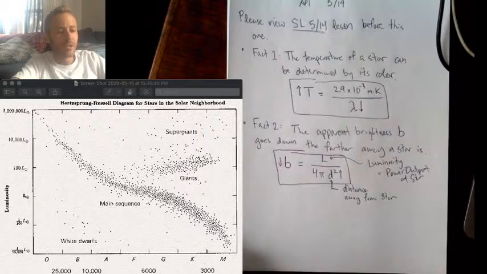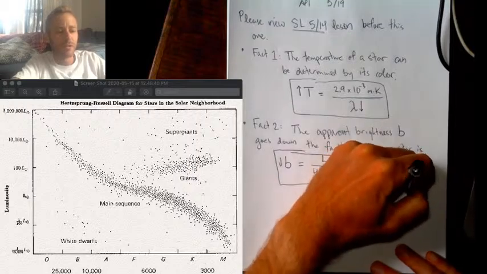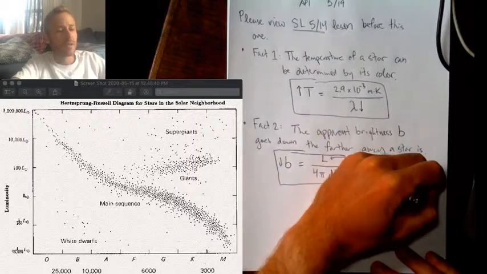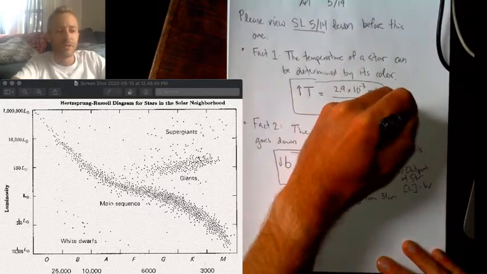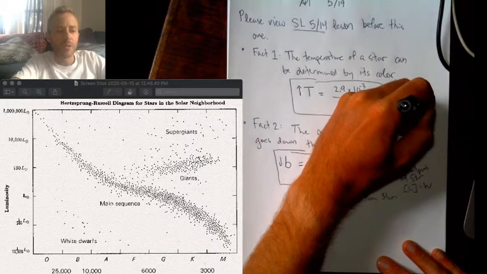Now, luminosity is, of course, measured in watts. Apparent brightness is measured in watts per meter squared.